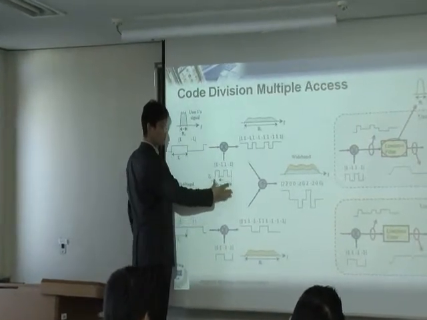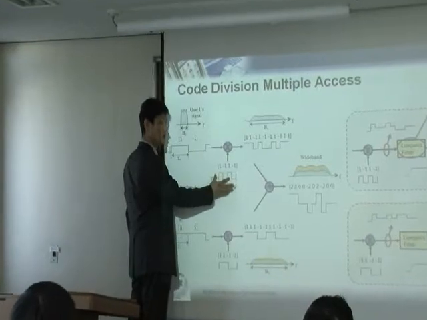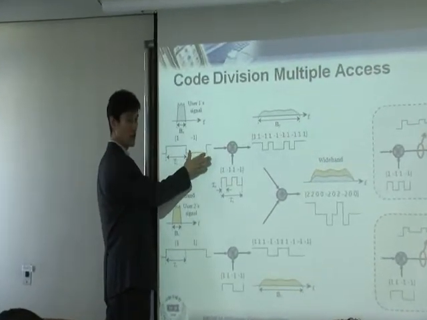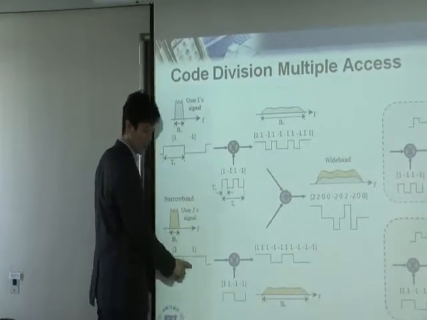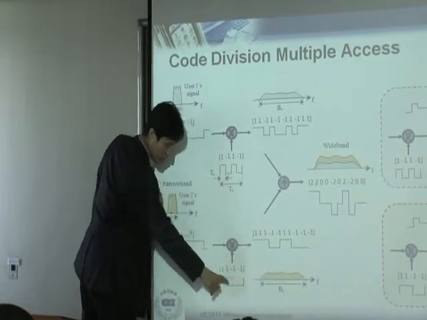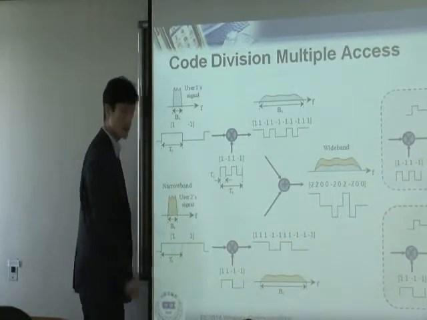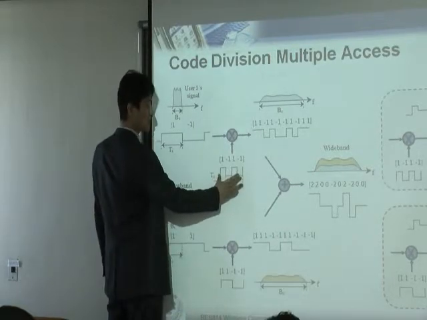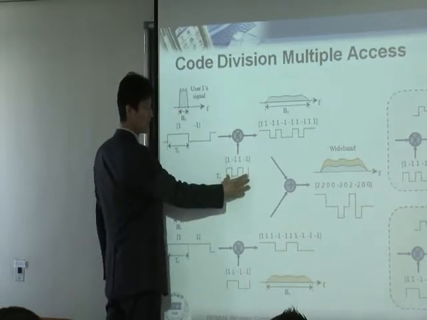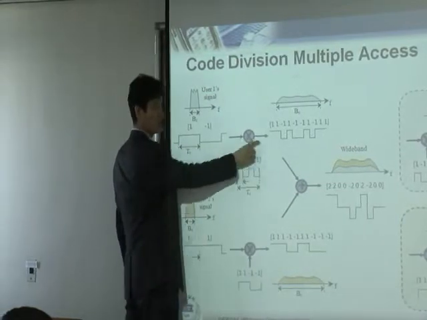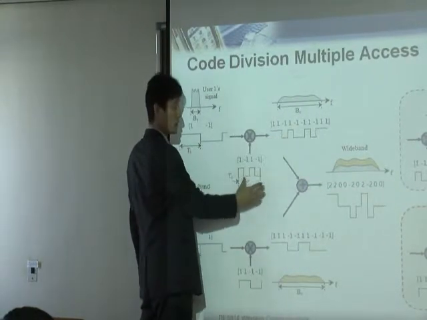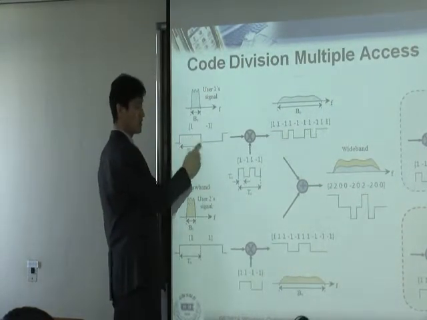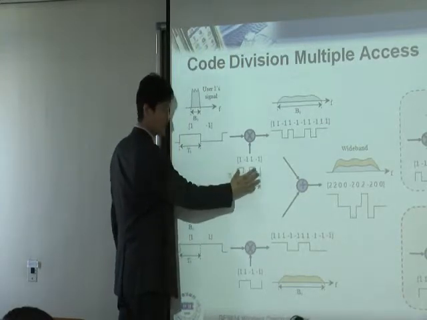What you want to do is multiply this code into each bit of your information before you transmit. Since the first bit is 1, when you multiply the code, you get exactly the same thing.